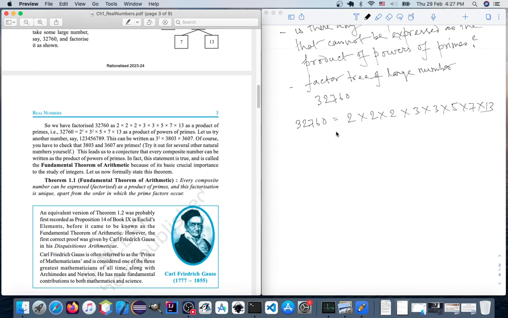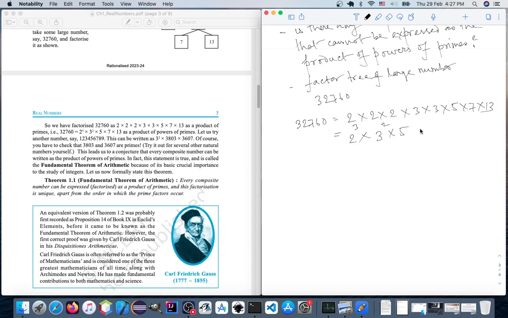So 2 is there 3 times, so 2 to the power 3, 3 is there 2 times, so 3 squared, and then 5 into 7 into 13. So we have factorized the large number 32760 as a product of primes like this.